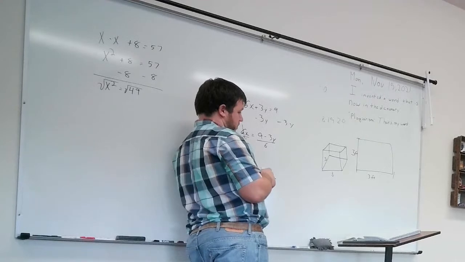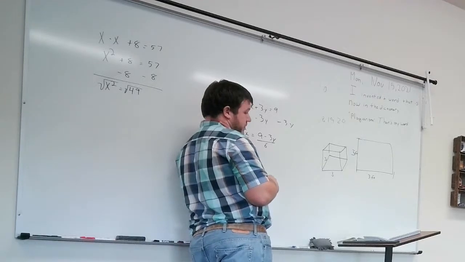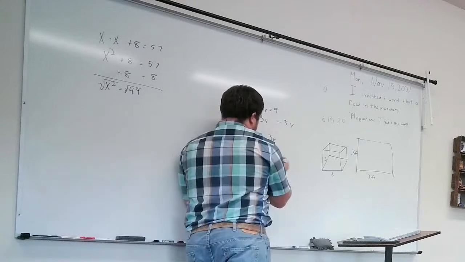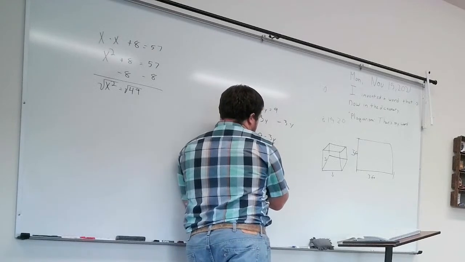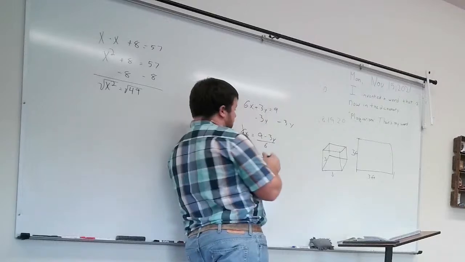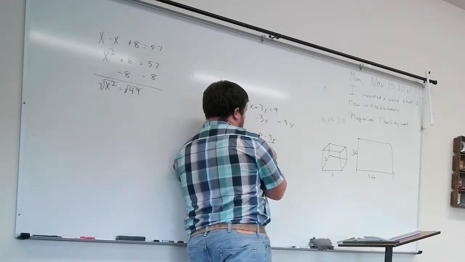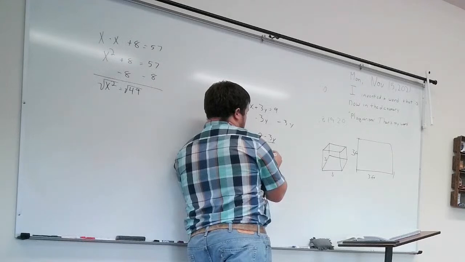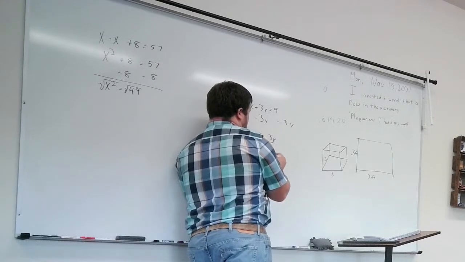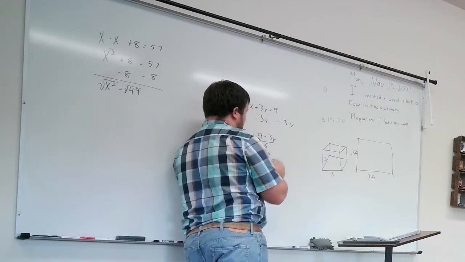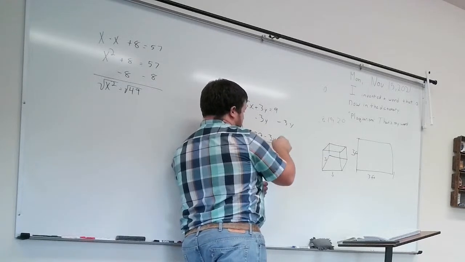You don't have to actually split them up. Your denominator does have to be 2. So it's going to be 3 minus 3y over 2. Oh, 3 minus y over 2, because this cancels out.